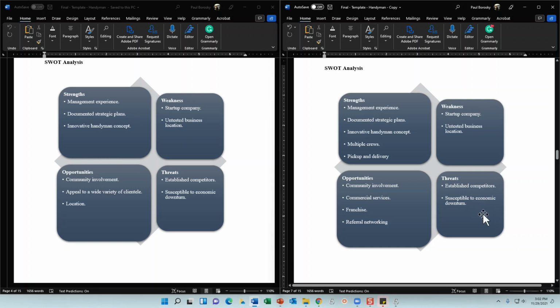Also, you're going to be susceptible to economic downturn. If we're going into a recession, well, just about every industry is going to suffer a little bit, except, of course, maybe a collection industry. Those tend to pick up during recessions. But typically, you're going to be susceptible to economic downturn. When I do my threats for the SWOT analysis, I want to keep them general to almost all industries and all companies.